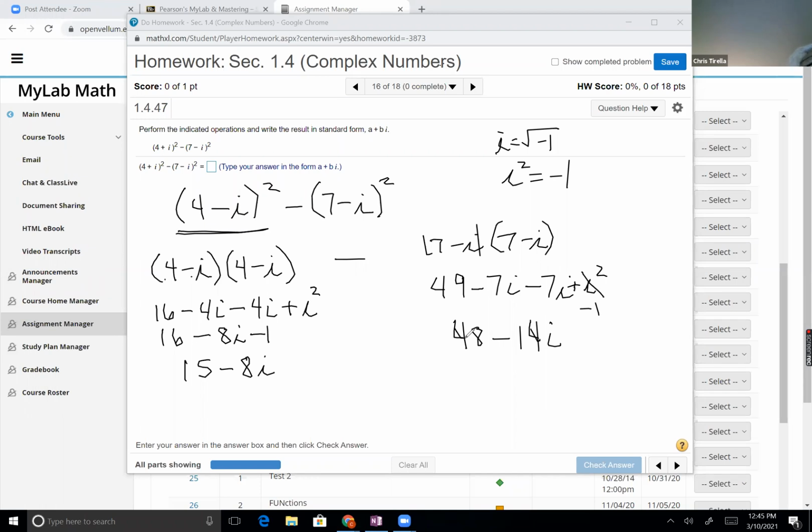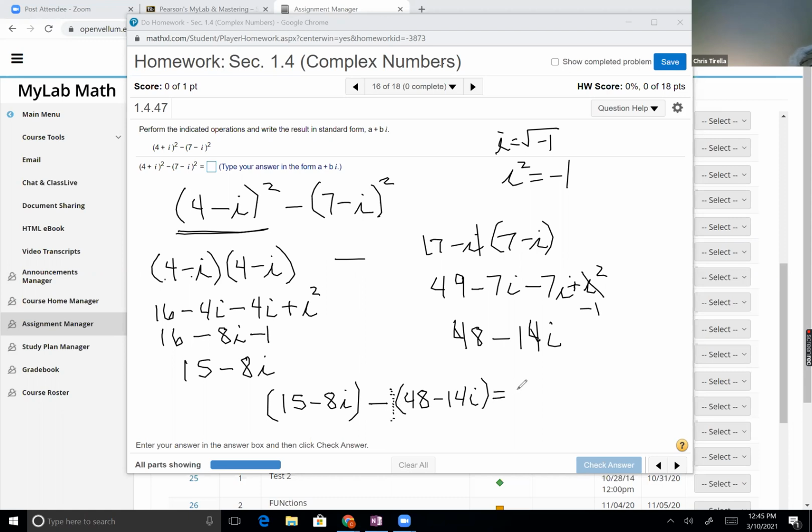But what we have to remember is it's this first one minus that second one. And you remember, to subtract complex numbers we do it like subtracting a polynomial. We think of there being a negative 1 there.